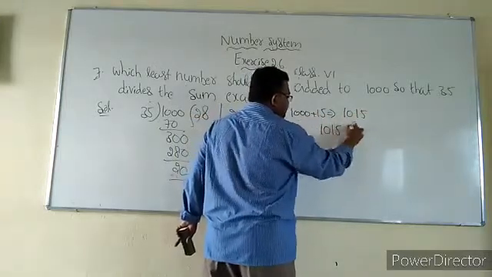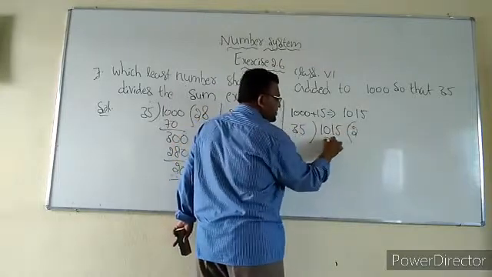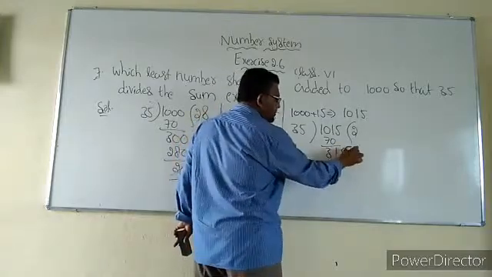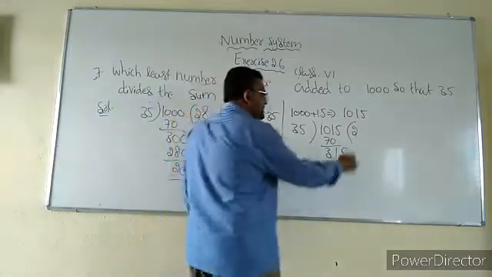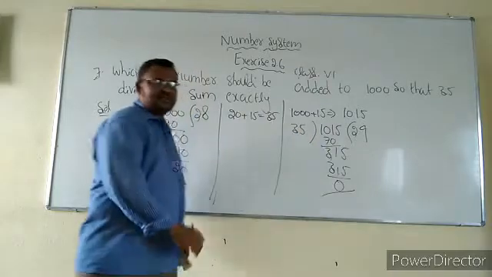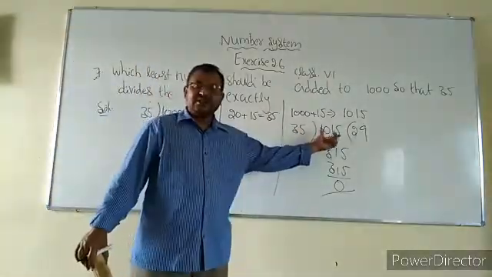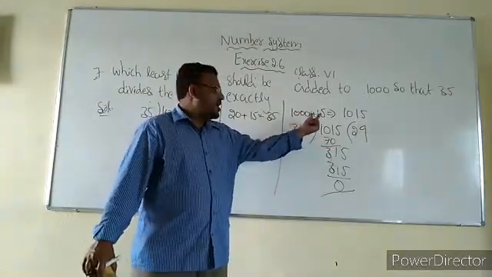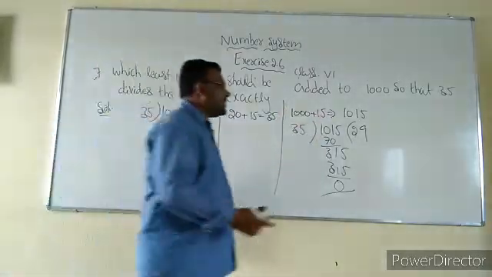Now divide 1015 by 35. 35 twos are 70. 31 remainder, bring down 5, then it will be 315. 35 nines are 315. So 35 exactly divides 1015. To get 1015 from 1000, how much did we add? 15.